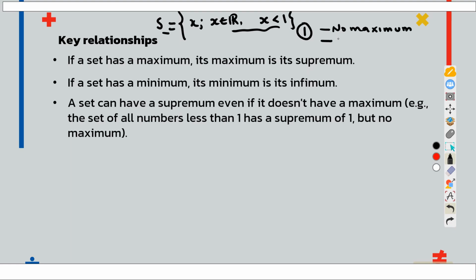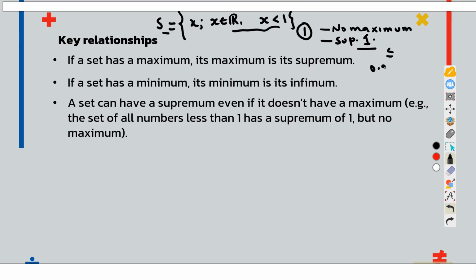But the set has a supremum, and that supremum is 1, because all the elements in this set cannot exceed 1, and you cannot get any other number for which the elements will be less than or equal to that number. Whichever number you think about which is less than 1, there will be an element that is greater than that number.